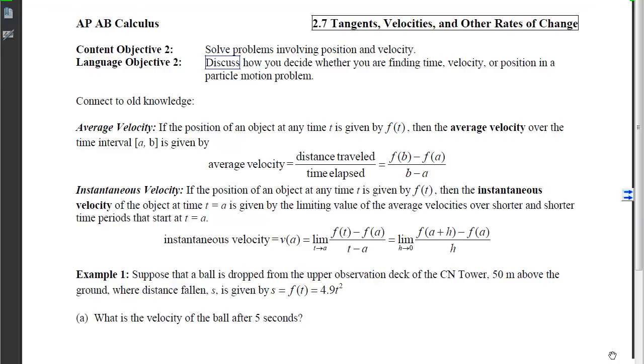And we can see this here as a distance traveled over a time elapsed. That was a y coordinate on the position curve's difference divided by a time coordinate's difference on the position curve. And if we let those 2 points get closer and closer together, then we of course end up with that same tangent slope that we saw earlier in objective 1.